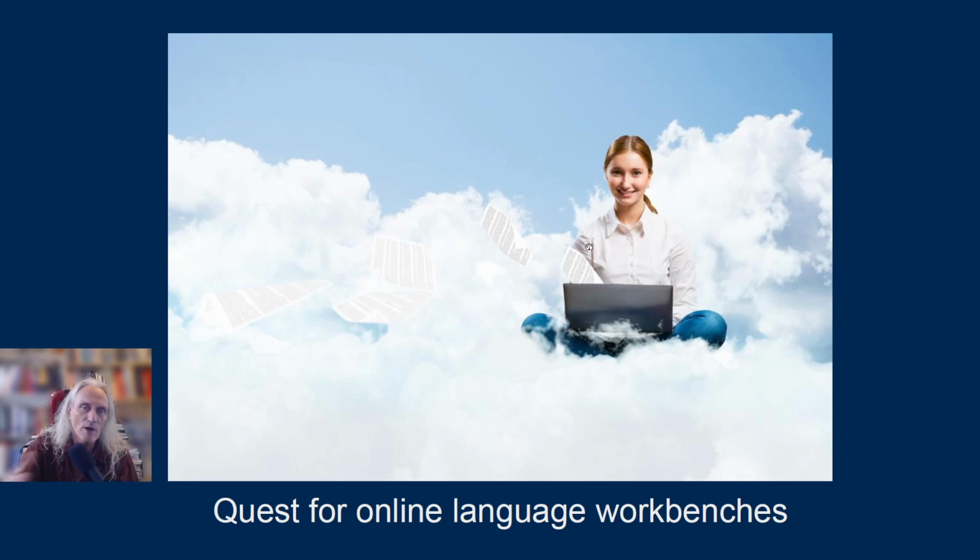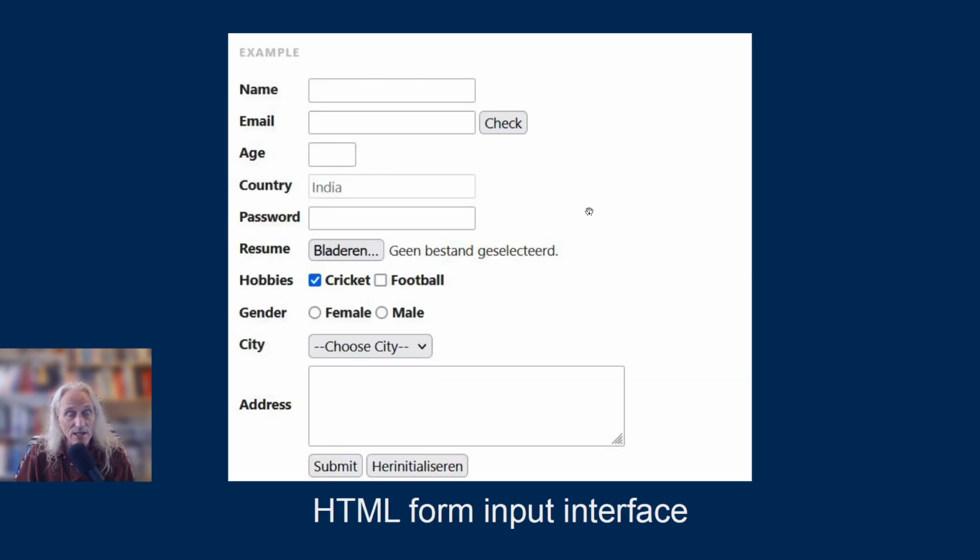For instance, we go to a web shop, you buy something, and then you have to input your address to get the stuff. How do you input data like that? Normally you do that via a form, an HTML form, almost as old as the internet itself.